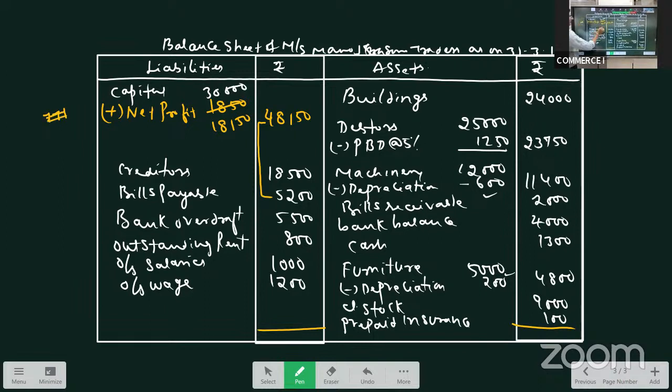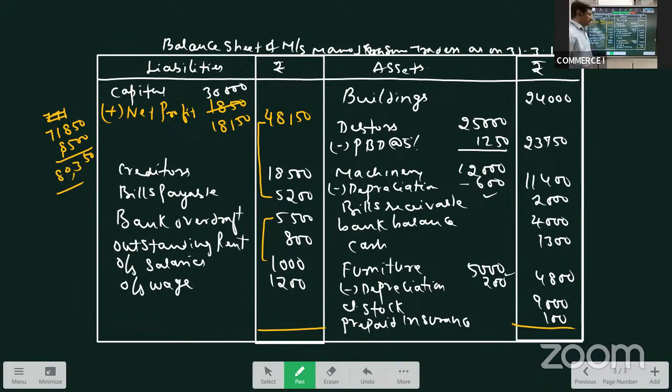The remaining items added together, the total is 80,350 on the liability side.